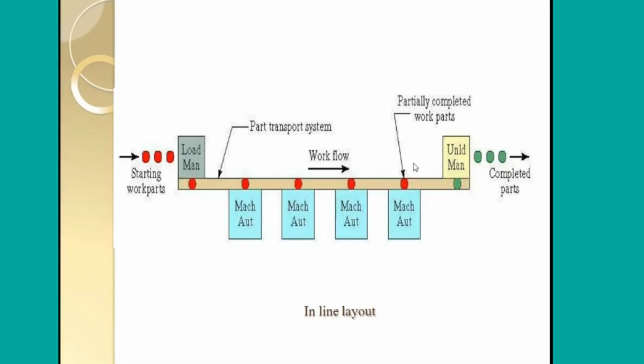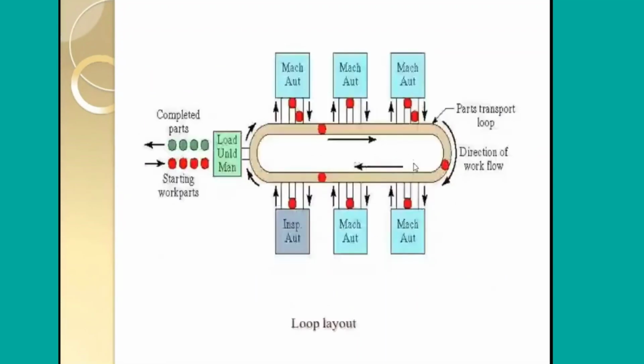Finally, the finished product will be moved to the storage by using the unloading machine or unloading operation. The workflow looks like a line layout or sequential operation. That's why this layout is called the inline layout.